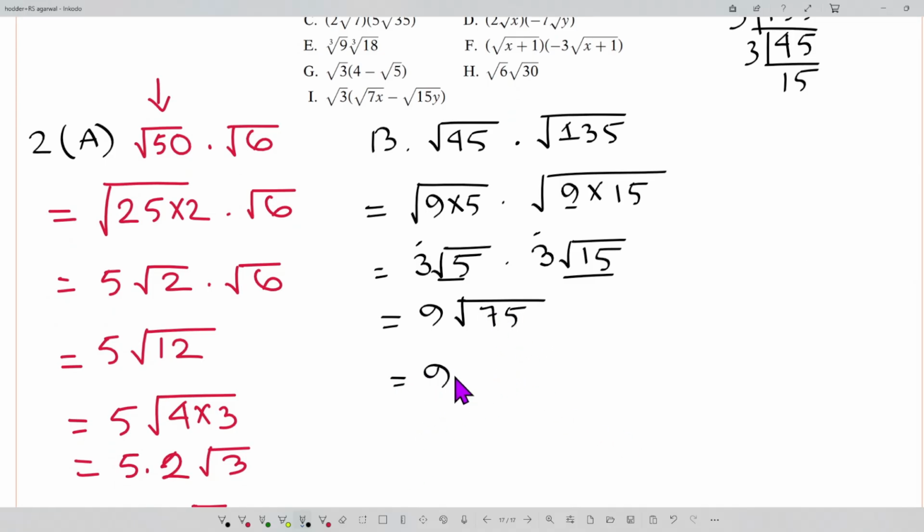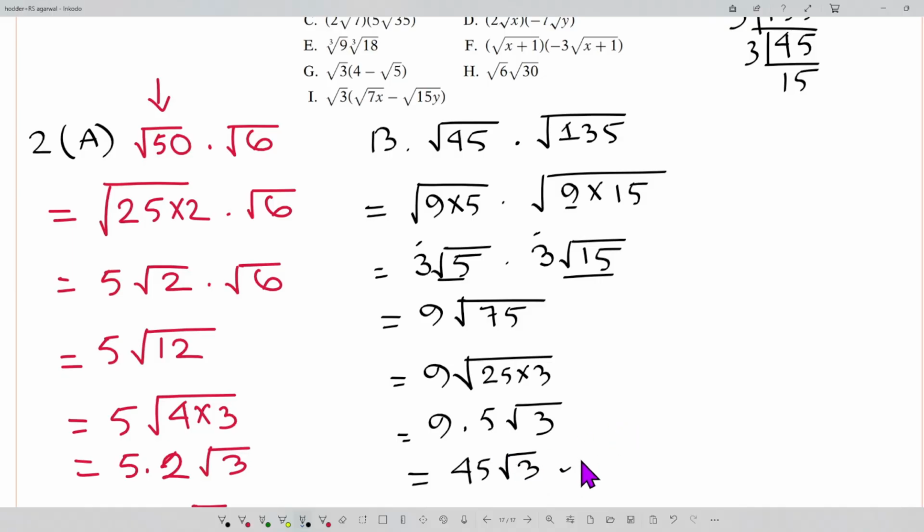Now this 75 we can write as 25 times 3, because our target is to find the perfect square. 9 times root 25 is 5, and here is root 3. Finally, our answer is 9 times 5, which is 45 root 3.